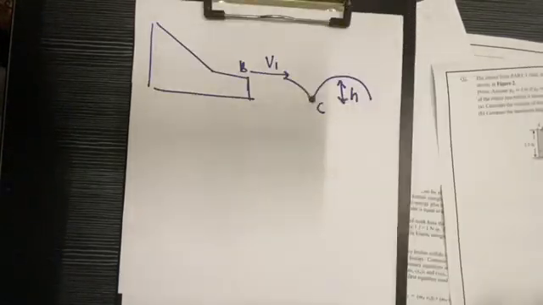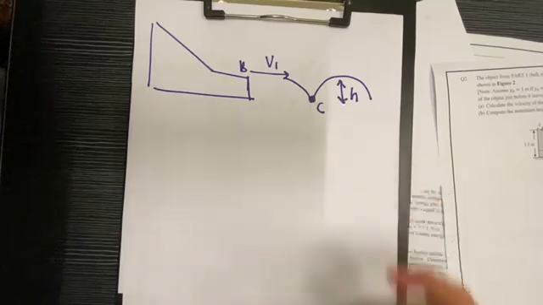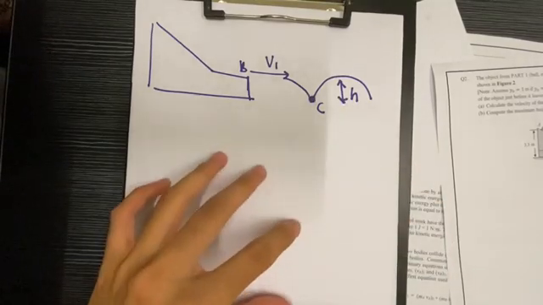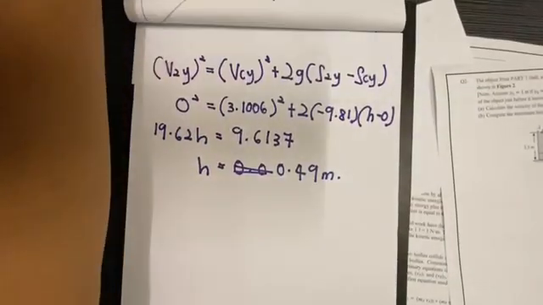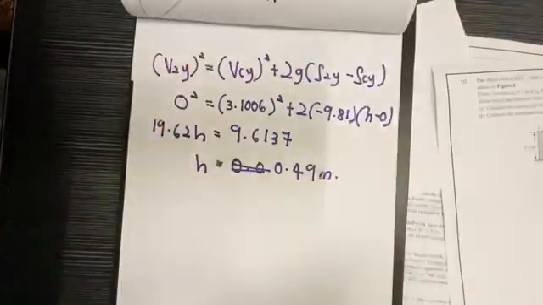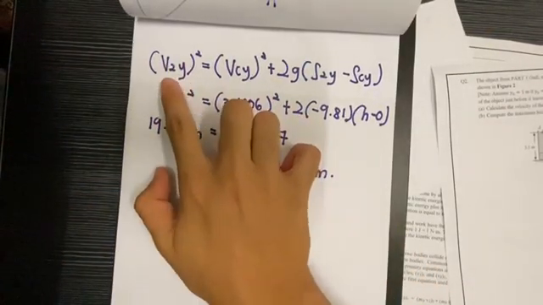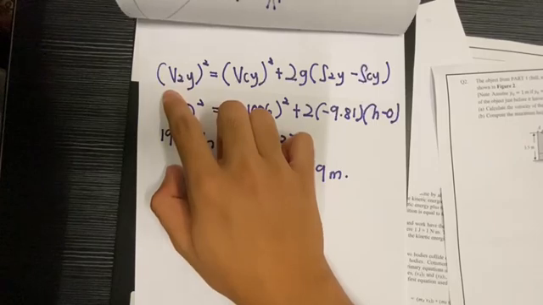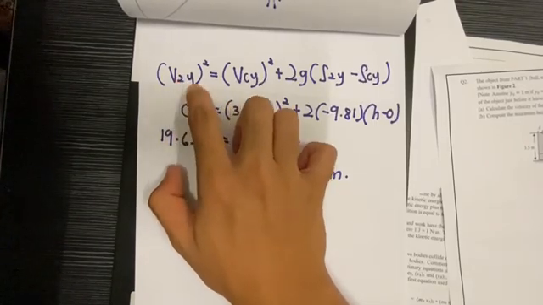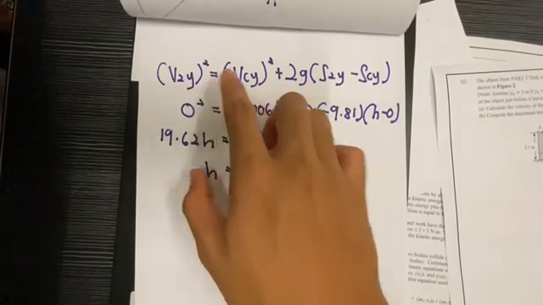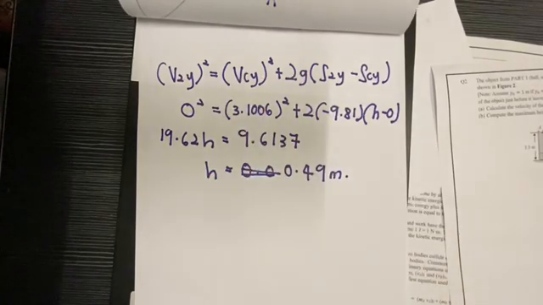For this question we can use this formula, the same as for question A: V2y squared equals VCY squared plus 2g divided by S2y minus SCY.